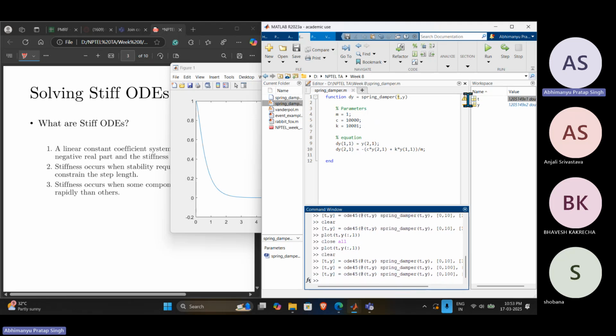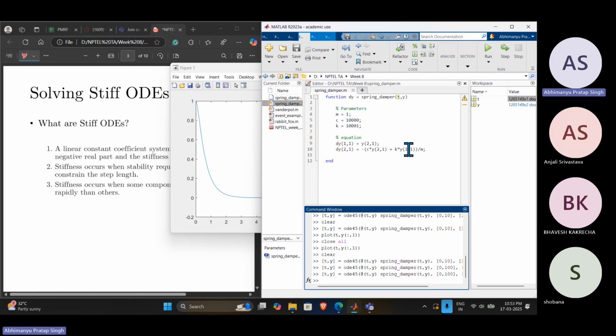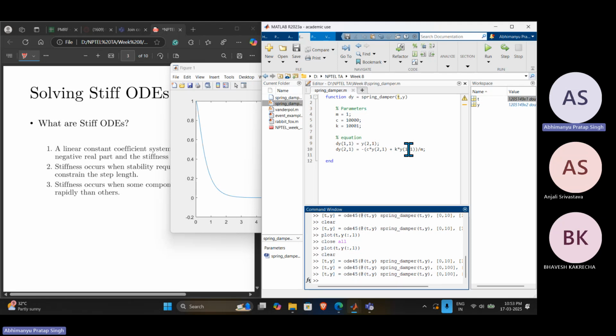But in this case, it is taking around 12 lakh time steps, right? So why is this happening? Now basically what has happened is our system has become from a normal system to a stiff system.